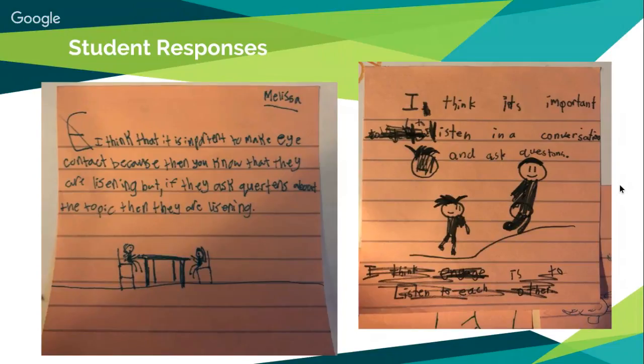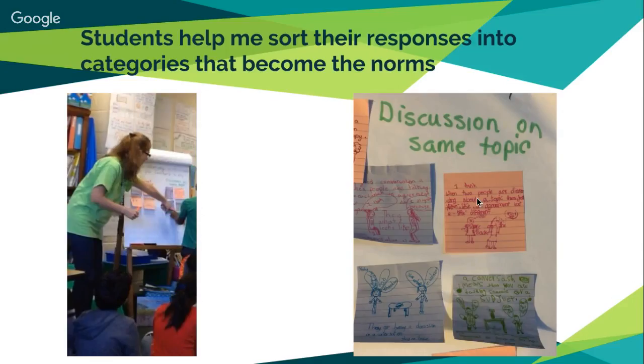Now, once you have the sticky notes, this is the second step. Everybody has drawn or sketched what is important for them. And this is an important step. I then sort the sticky notes into categories with my students. It started with one. For example, I'll ask one student to come up and read theirs.